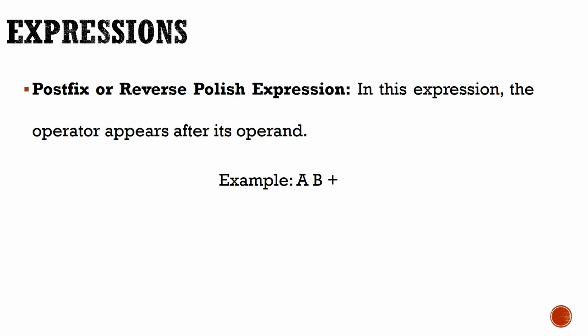First, the infix expression, wherein the operator is placed in between the operands. Second, the prefix expression, wherein first the operator is placed, then the operands. Then the postfix or reverse polish expression, wherein the operator is placed after the operands.